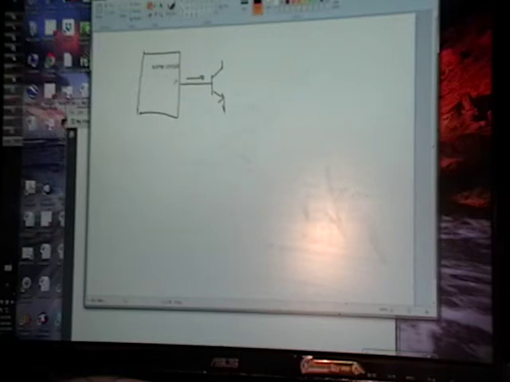We haven't talked about how to calculate this again. There's some R out of this. You make R out much smaller than the R in of the BJT.